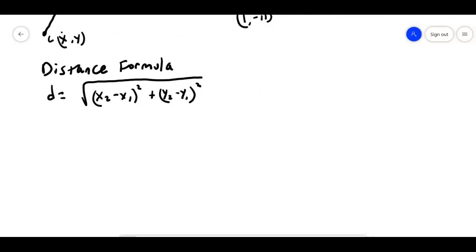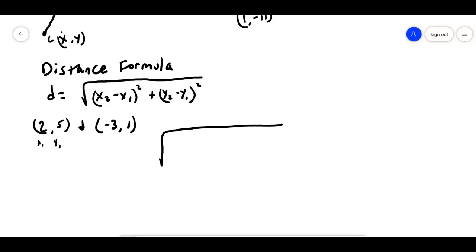Okay, so let me show you an example. So let's say you had the points 2, 5, and -3, 1. And you want to find the distance between those 2 points. Alright, so I set up a big square root. I subtract my x's. It doesn't really even matter which order you do it in. But if you want to go exactly by the formula, let's say for example this is x1, y1, x2, y2.